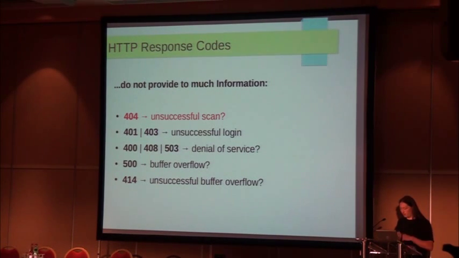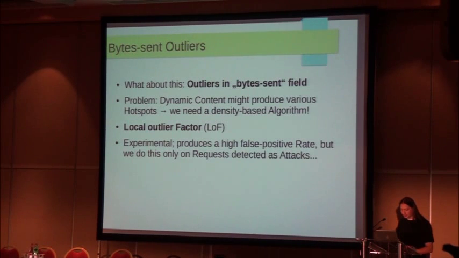But we can't learn much more from response codes. So for the bytes sent value, we can look for outliers in there and then say, oh, if there's an outlier, then the actual content of the response is different than normal, and then it might be interesting.